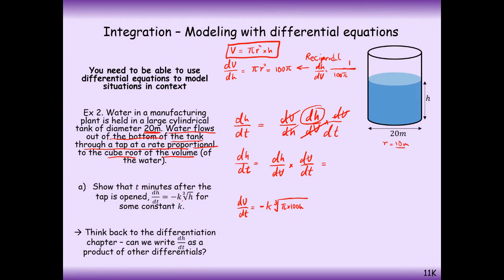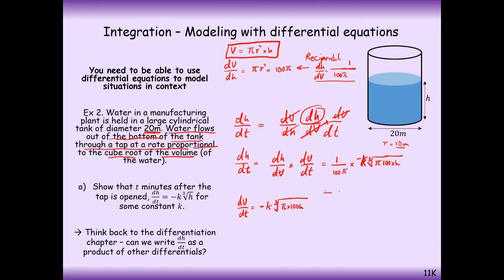So far we know what the constant dH by dV is, so we are going to write here 1 over 100 pi and multiply that by this constant minus k multiplied by the cube root of pi times 100 times h. Rather, I should put the k further down so you don't confuse it with the cube root sign.